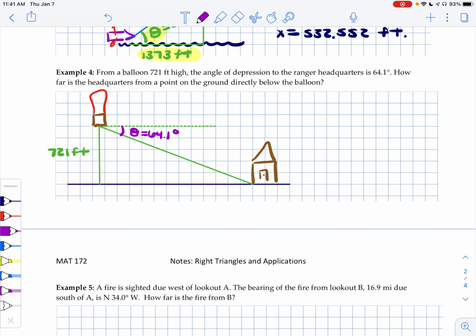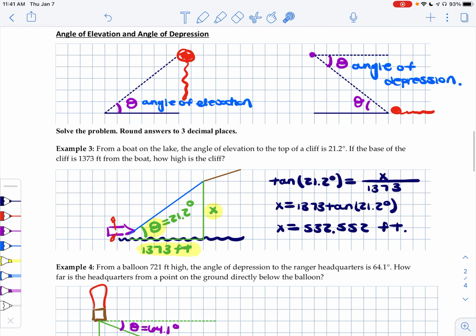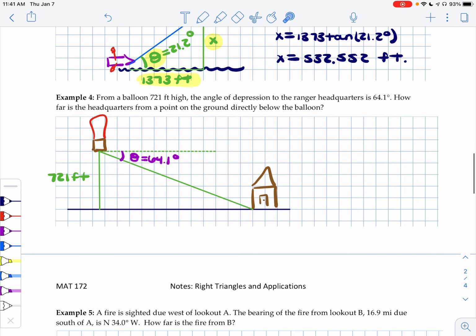And that was given as 64.1 degrees. Now remember I told you a minute ago that the angle of depression has the same measure as the angle of elevation. So from our perspective up in the balloon, we're looking down at the ranger station, we have this angle of depression of 64.1 degrees.